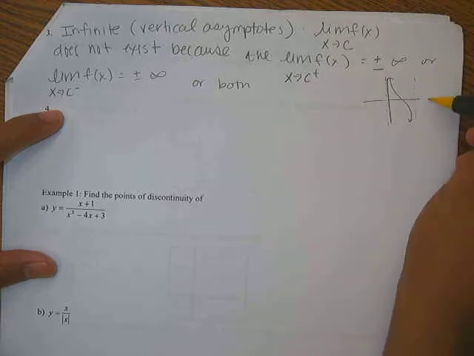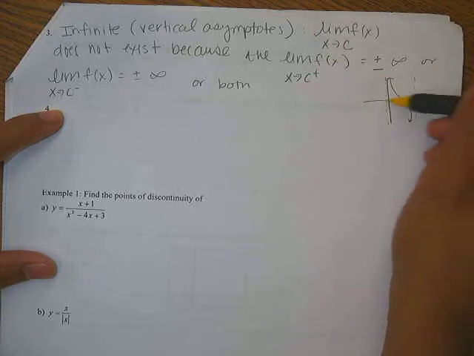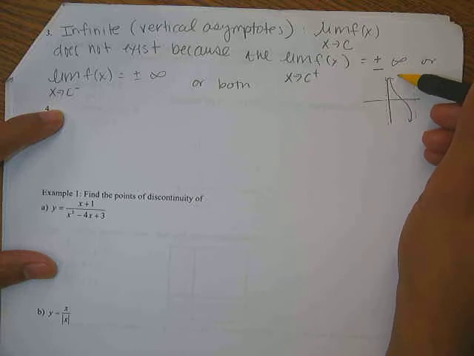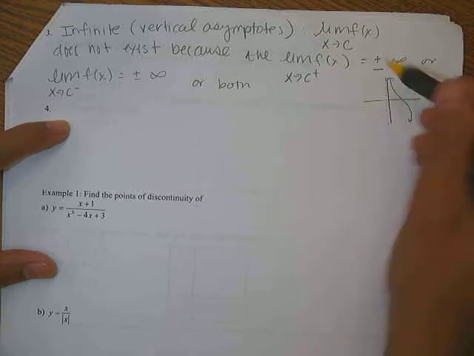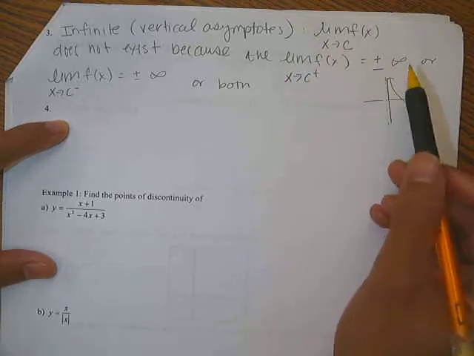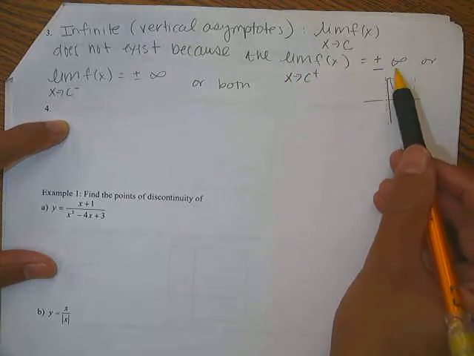As x approaches 0 from the right, the limit is also positive infinity. So this is an infinite discontinuity, because according to this definition, it doesn't give me a finite number. It gives me an infinite number.